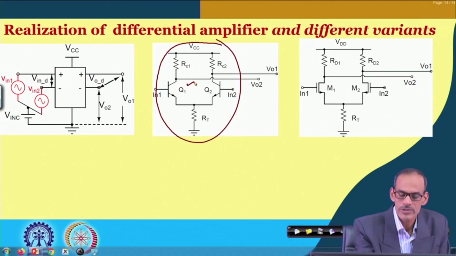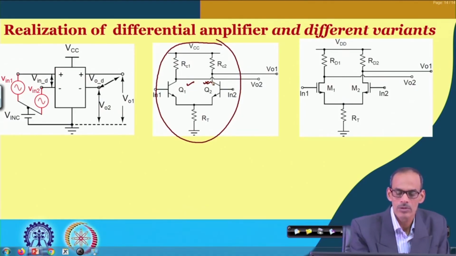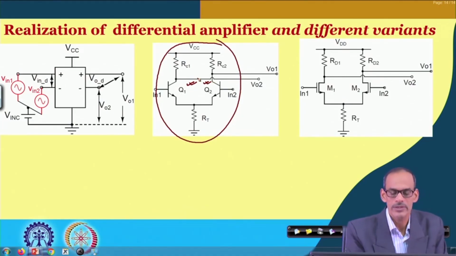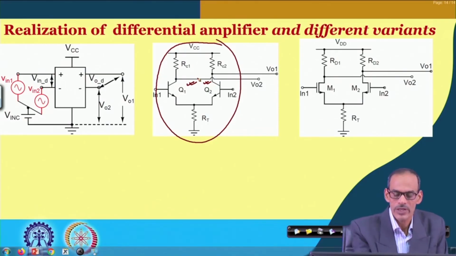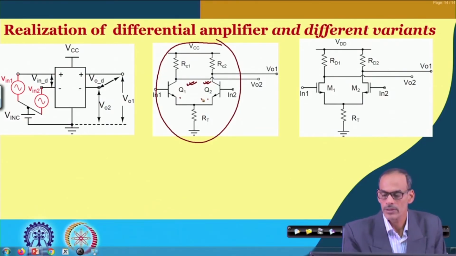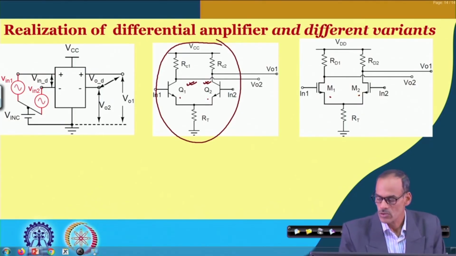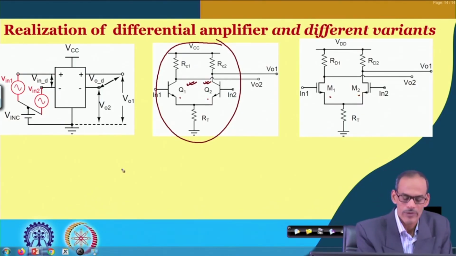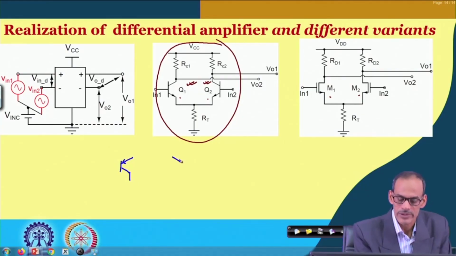Here we have used Q1 and Q2 to amplify the signal, and these transistors are NPN, and here we have an NMOS device. So, you can develop a complementary circuit where PNP transistors can be used to amplify the signal. In other words, the differential pair can be PNP.